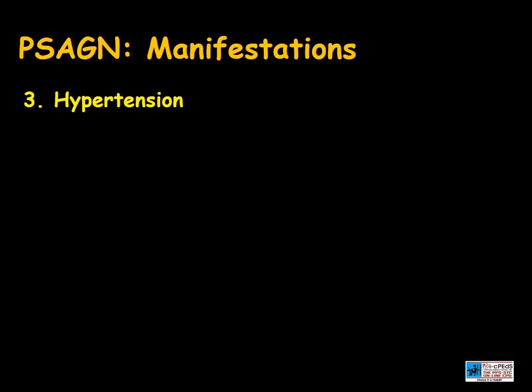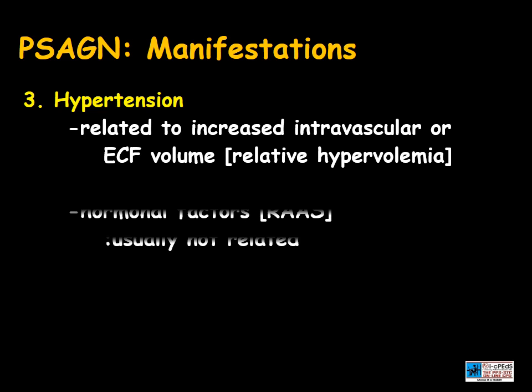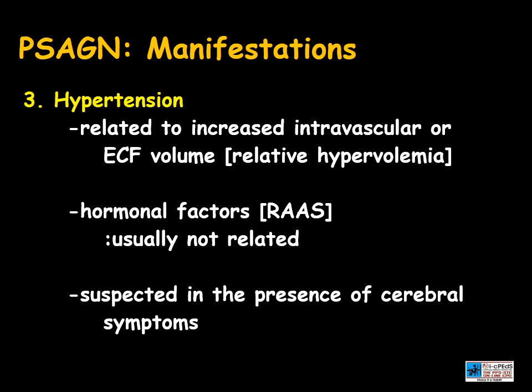Hypertension is another manifestation which is related to increased intravascular or ECF volume expansion, or what we term as relative hypervolemia. Hormonal factors do not play a role in the development of hypertension in these patients, and this should be suspected in the presence of cerebral symptoms.